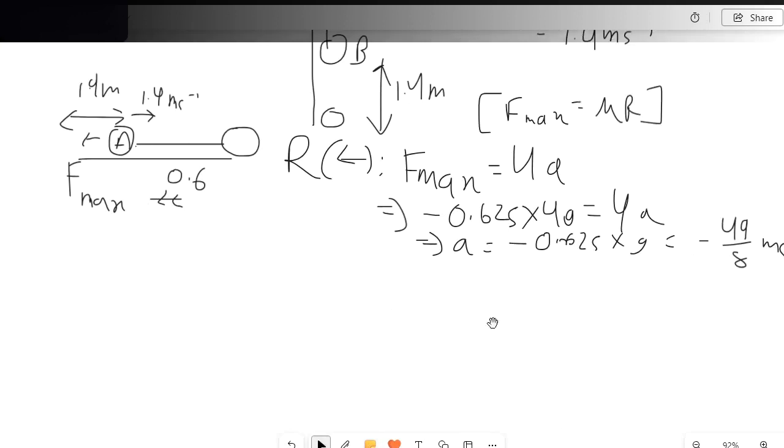Now we have to consider the motion of A. As A travels towards the pulley, there will be a deceleration to the left. Therefore at one point A must have a velocity of 0. Let's name it as the final velocity v, where the velocity is 0, and we can find the distance traveled by particle A within that point.